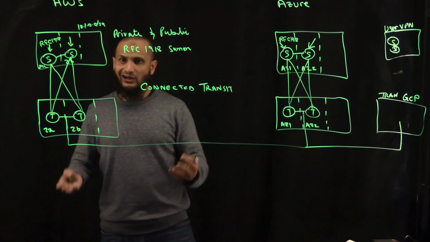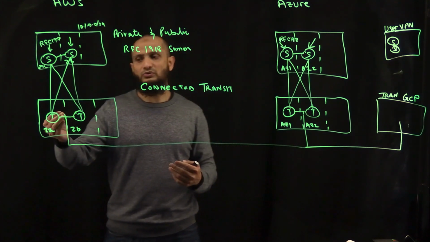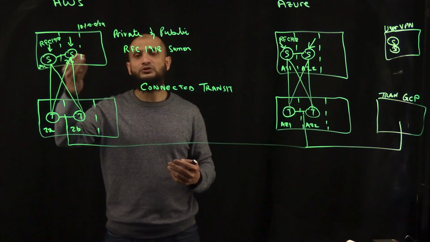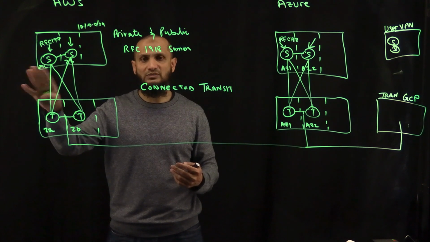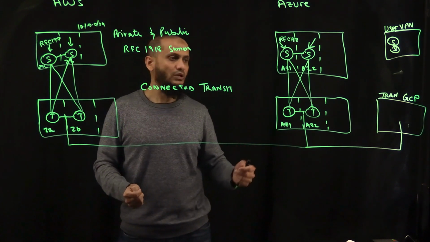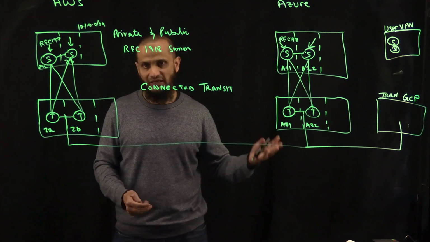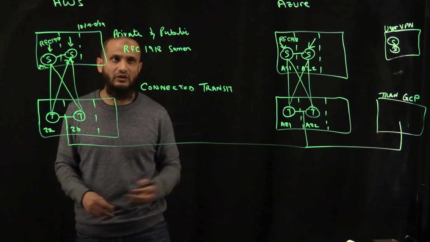And again, if you allow this thing, this is another topic of the segmentation. If you allow, those routes will be propagated over to your spoke. Right now I'm showing only one spoke, but it could be many spokes. That's how end-to-end traffic can reach from one environment to another environment across regions, across clouds. That's how the routing works.